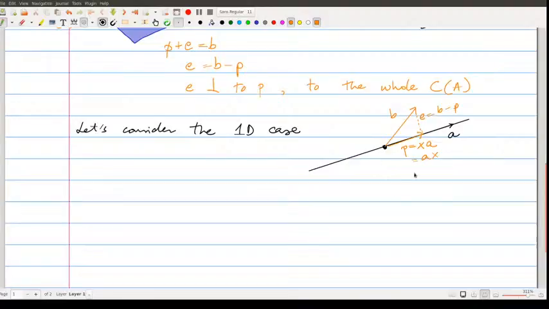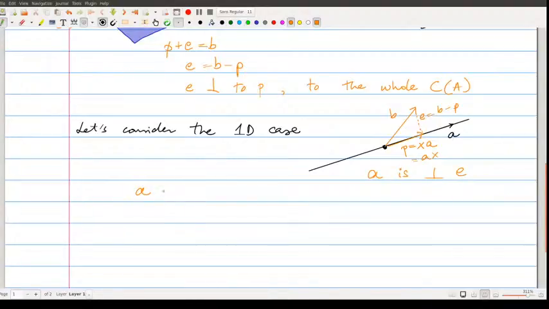We know that the vector a is perpendicular to this error vector e, b minus p, right? So we talked about perpendicularity or orthogonality in the last lecture, which was how do we codify this mathematically? And the idea is, well, when two vectors are perpendicular, the dot product is zero.